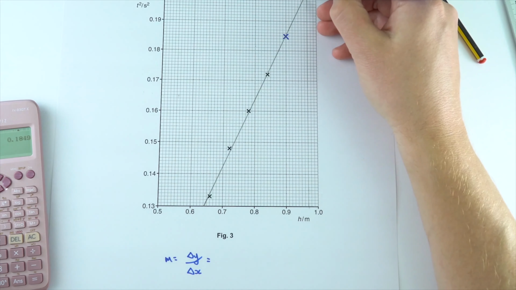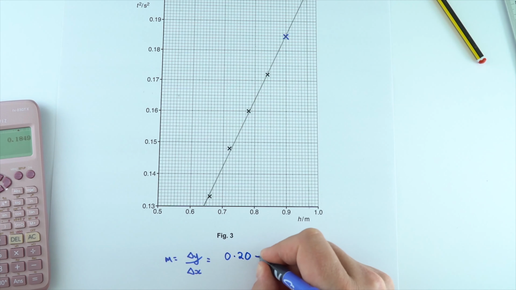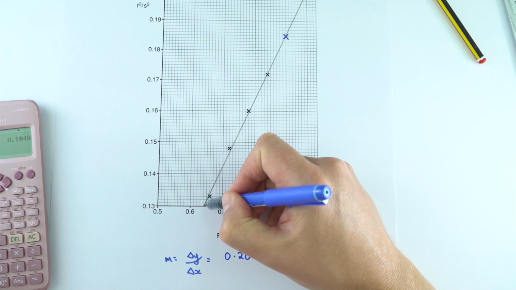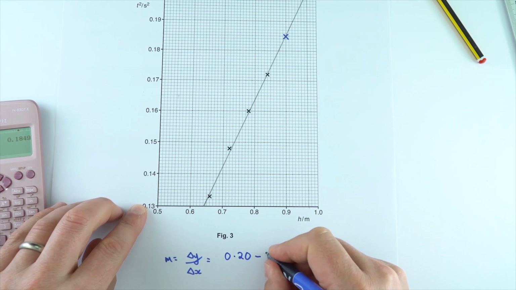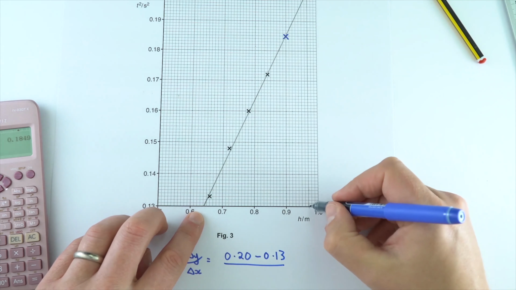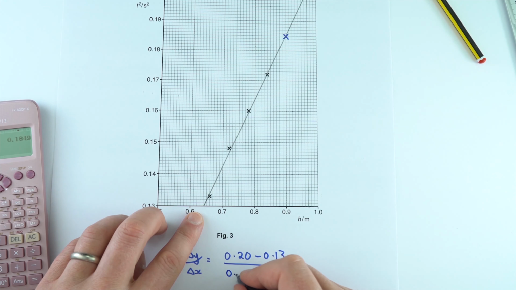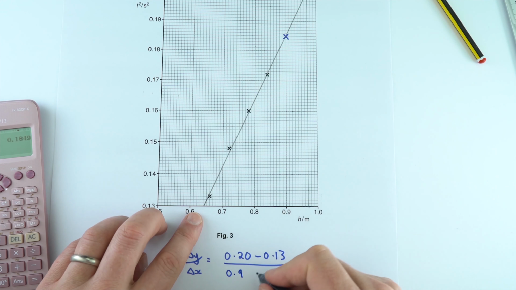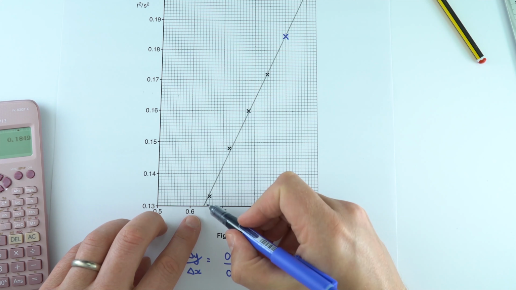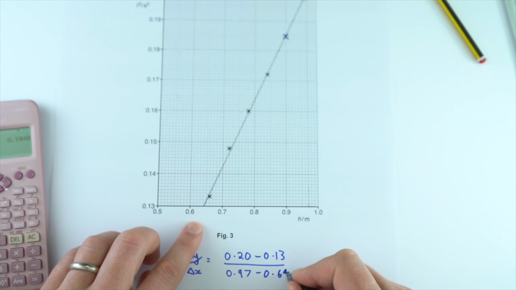So the coordinates up here, so the y value is 0.20, and we're going to take away the y value down here, which isn't 0, but it's 0.13, and we're going to divide that by the x value, which is equal to 0.97, and we're going to take away this value here, which is equal to 0.64.